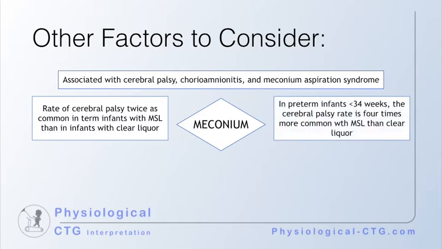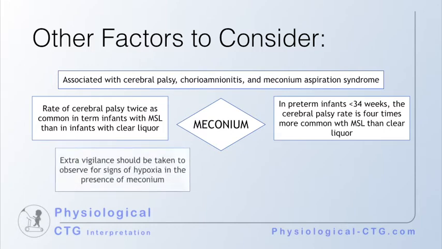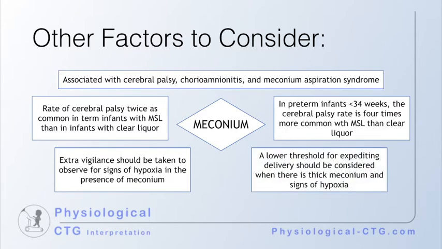In preterm infants, the cerebral palsy rate is 4 times more common in the presence of meconium than in clear liquor. Therefore, extra vigilance should be taken to observe for signs of hypoxia in the presence of meconium, and a lower threshold for expediting delivery should be considered when there is thick meconium and signs of hypoxia, as these babies will not cope with hypoxia as well as babies where there is no meconium.